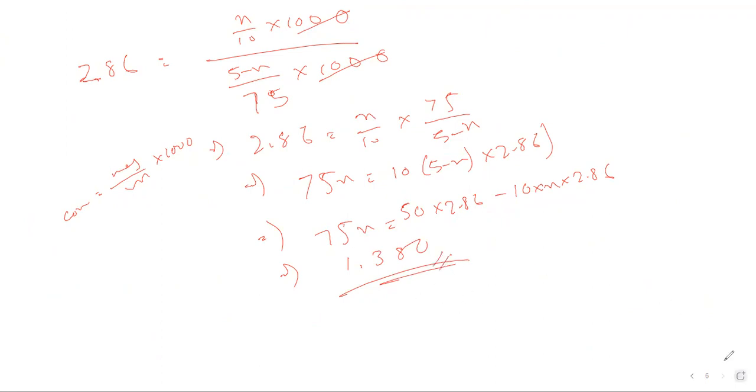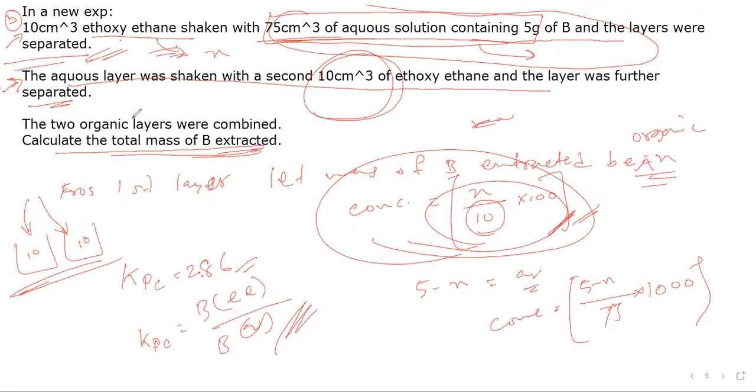After this has been extracted, in the second part we add a further 10 cm cube of ethoxyethane, and a further separation takes place. Let the mass of B in the ethoxyethane now be Y. The total mass is now the extracted value from the first step, 1.38, not the original 5 gram, because this extracted amount is now mixed with this 10 cm cube of ethoxyethane.